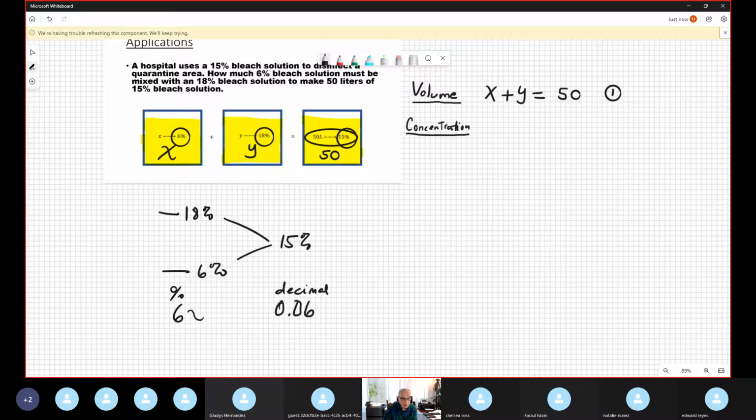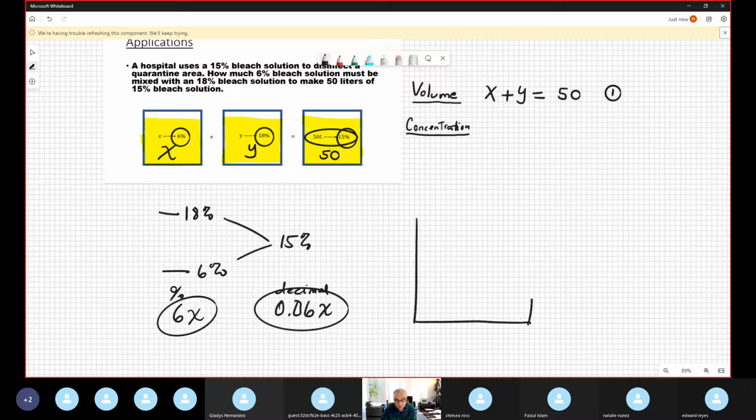For example, I don't know, but I call it X. So this quantity indicates somehow the amount of liters of bleach solution. Okay, let me try to explain this more clearly.